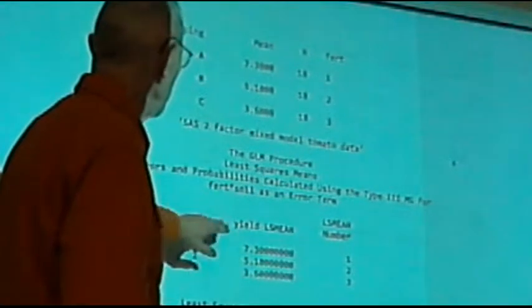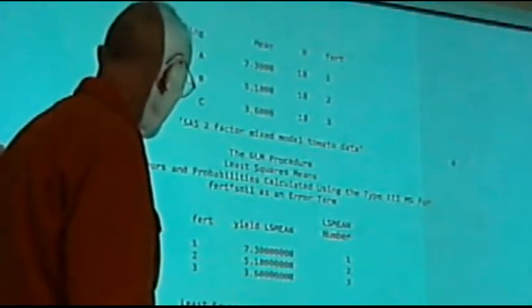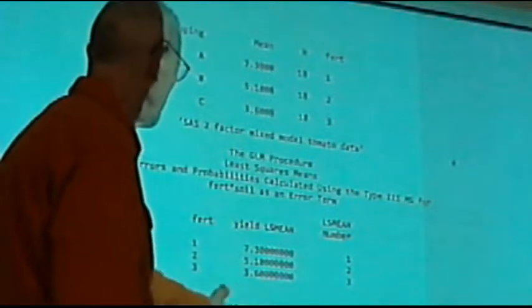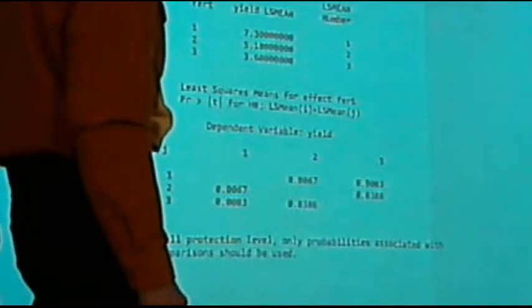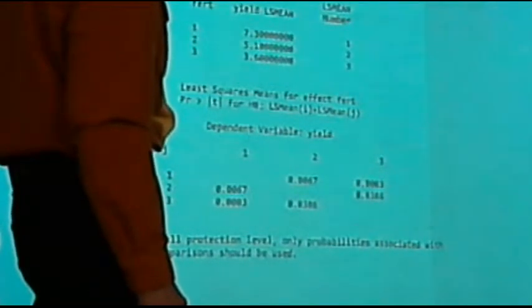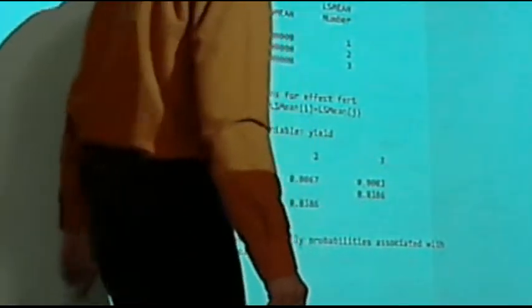So anyway, we have the 3 means, and then we're going to do pairwise t-tests, and these are the results here that come out from those pairwise t-tests. They're all significant. Significant, significant, significant.